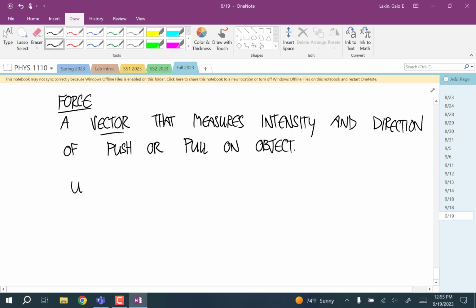The SI units of force are kilogram meters per second squared. It's a really messy unit. And since it's going to be a really important unit for us, and this is kind of a mouthful to say and deal with, we're going to call 1 kilogram meter per second squared a Newton. And we'll denote it with a capital N.